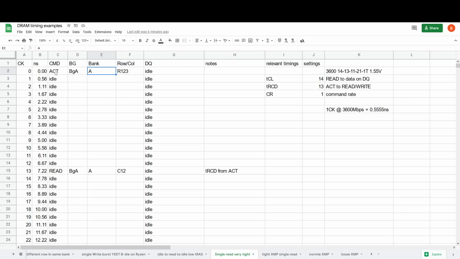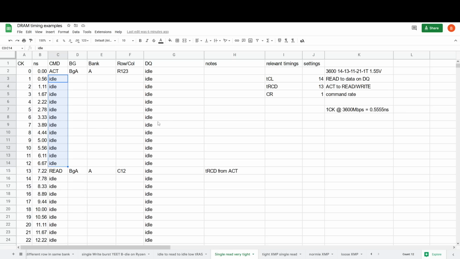Anyway, so what we're saying here on clock cycle 0 is that we want to activate row 123 of bank A of bank group A. And then we wait for 13 clock cycles because our tRCD is 13. So we don't do anything for 13 clock cycles. The reason is that the memory chip takes some time to activate the row.